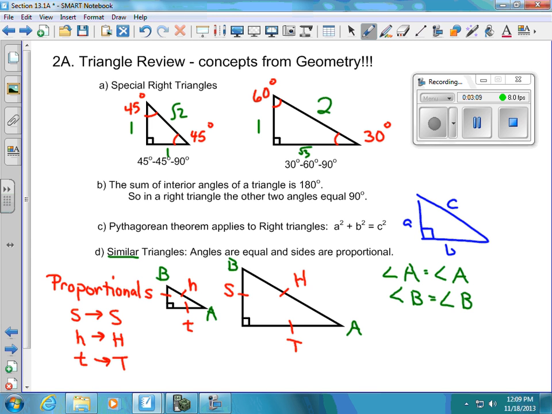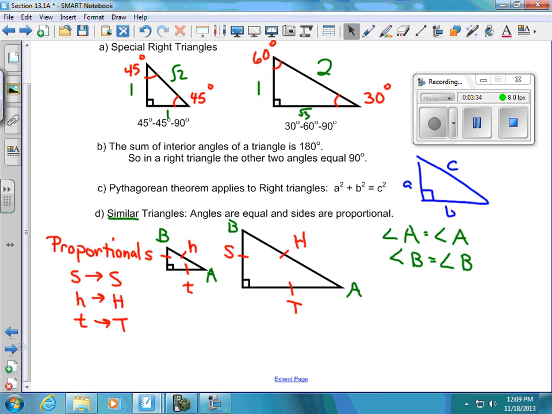And similar triangles are triangles with equal angles, or corresponding angles are equal, but the sides are just proportional. They're not exactly the same. Congruency means they're the same size and shape, but when they're similar, the ratio of sides are the same all the way around. Okay?